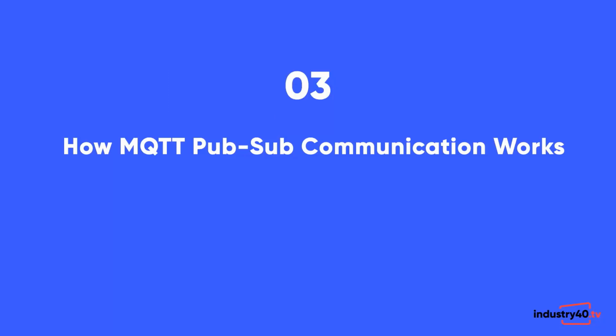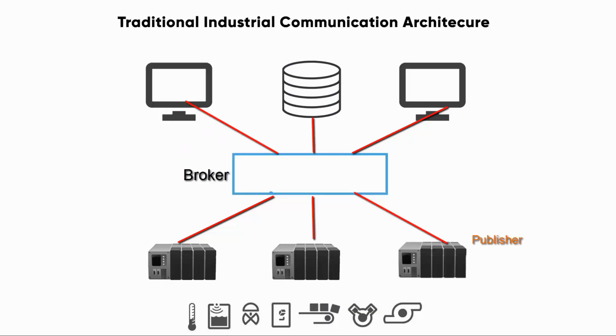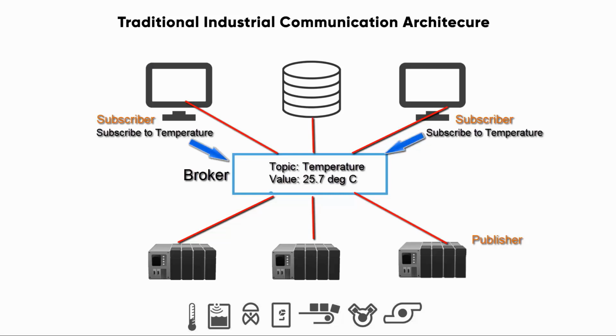I'm going to show you how the MQTT publish-subscribe communication protocol works. So, when a publisher sends a message to the broker, it provides a subject, which is called a topic. And then every subscriber interested in receiving the message from this publisher has to know the name of the topic, and then go on to use it to subscribe to the broker for that information.